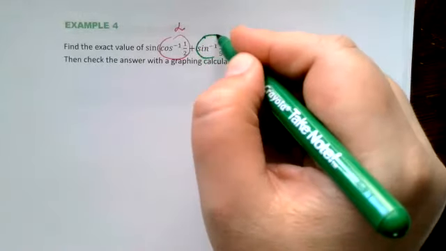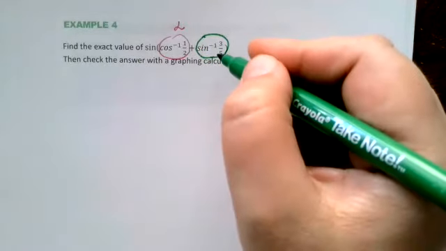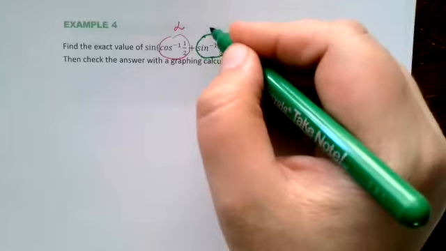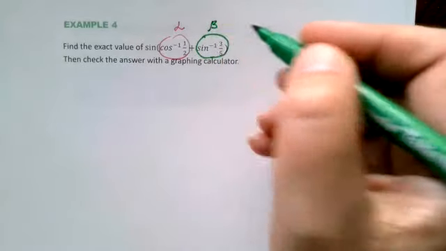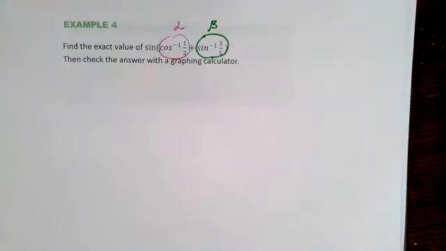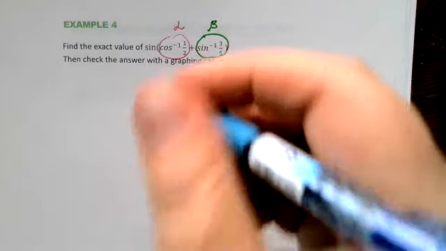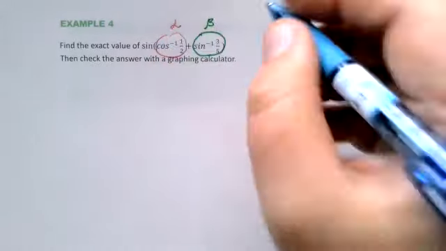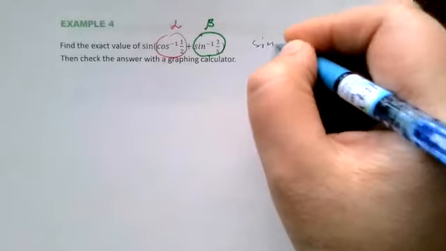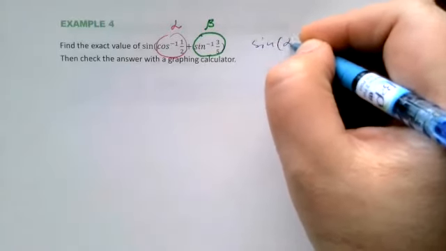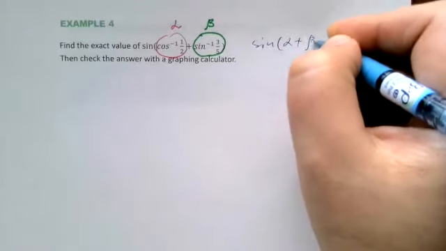The output of the inverse sine function is also an angle, and we're going to call it angle beta. So essentially, what we're looking at is the sine of alpha plus beta.